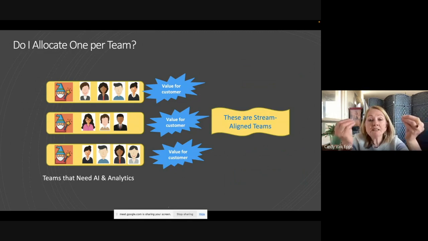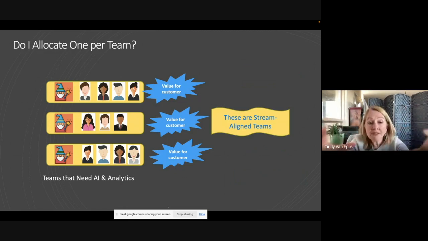Why? Because these stream-aligned teams are providing value for the customer. Now, stream-aligned teams is part of the nomenclature from the Team Topologies book. So the closer I get all the skills to the group that's providing value to the customer, the better value I can provide to the customer in a shorter amount of time.